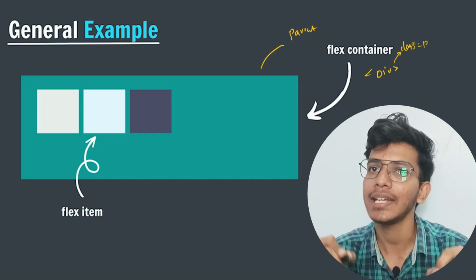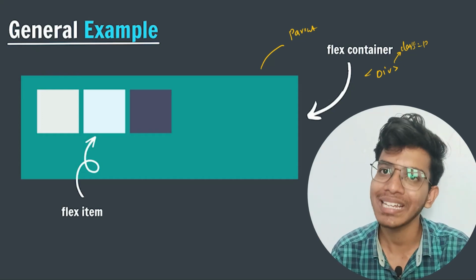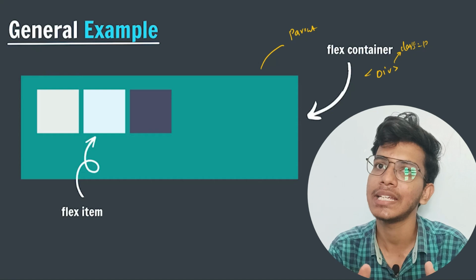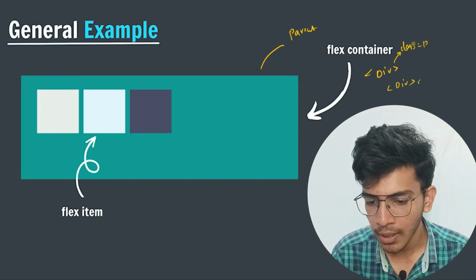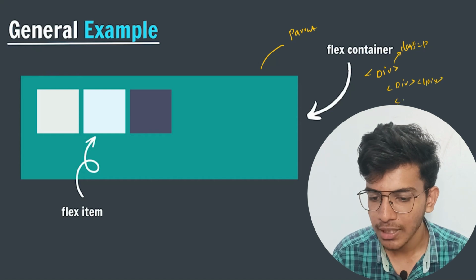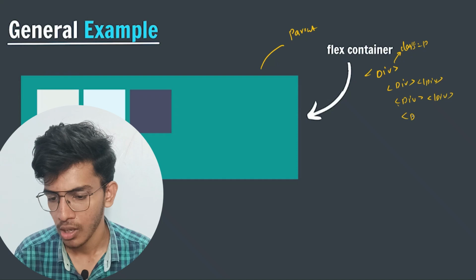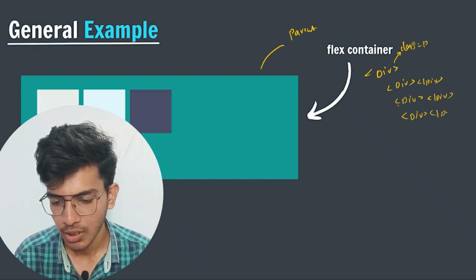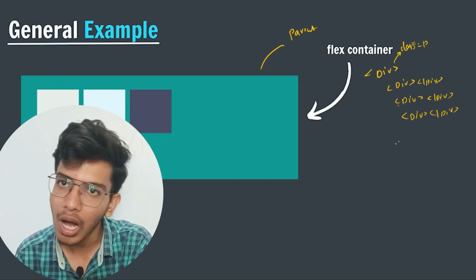Now inside that I am creating child containers. I'm not giving any particular class, but inside that div I am creating containers. So here I will create div 1, div 2, div 3. Like this I'm creating n number of child blocks inside it.